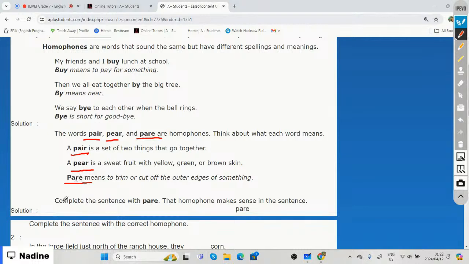Actually, it's the first time I see this word, pare, and it means to trim or cut off the outer edges of something.